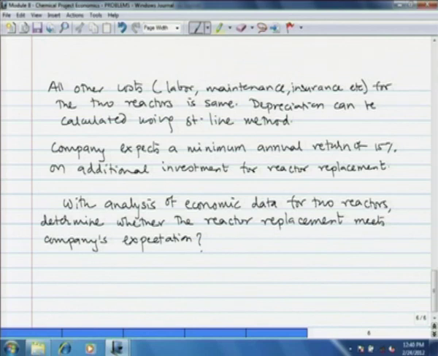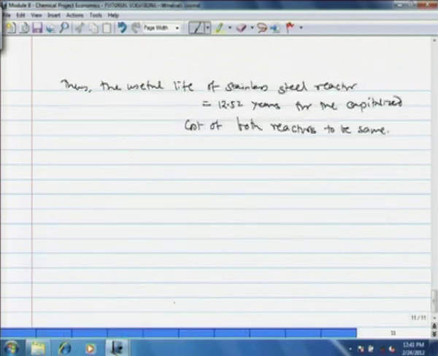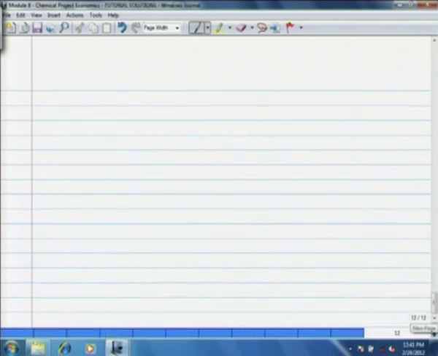Depreciation can be calculated using straight line method, and the company expects a minimum annual return of 15% on additional investment for the reactor replacement. With analysis of economic data for the two reactors, determine whether the reactor replacement meets company's expectation. Now, here we have to use a slightly different method than the capitalized cost, because operating cost is also involved. Okay. So, let us start the solution.